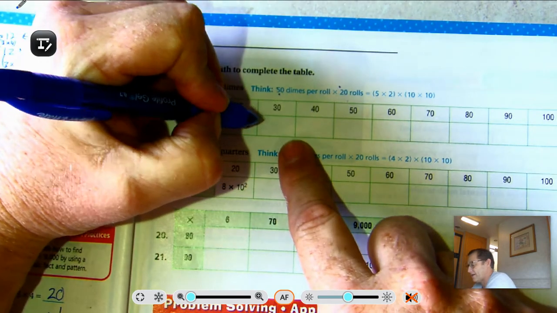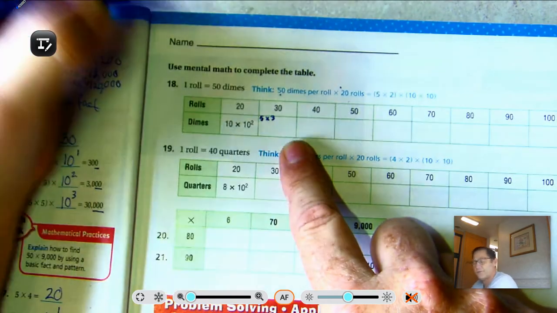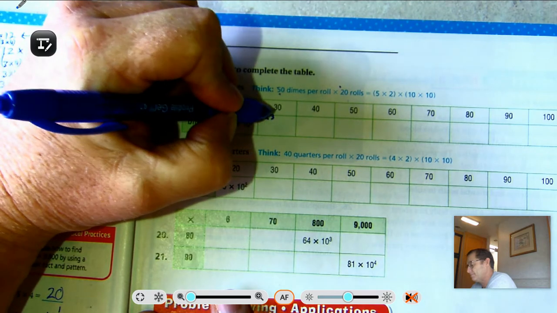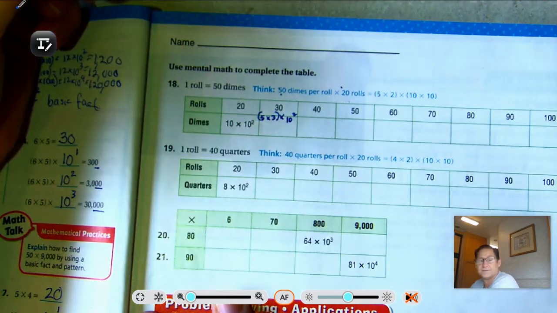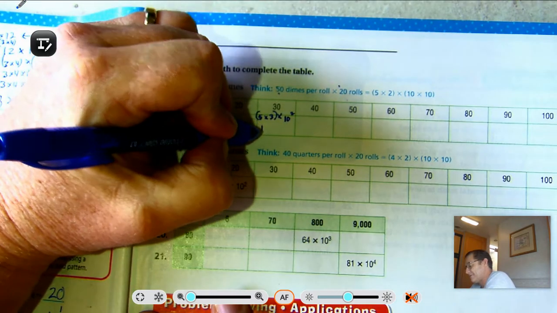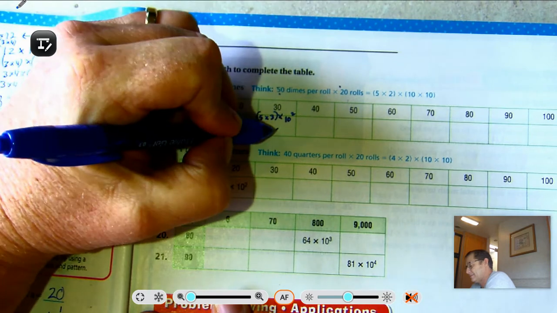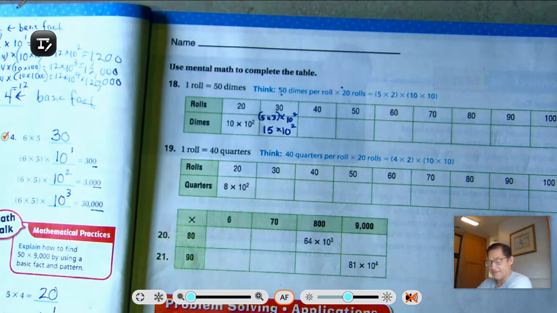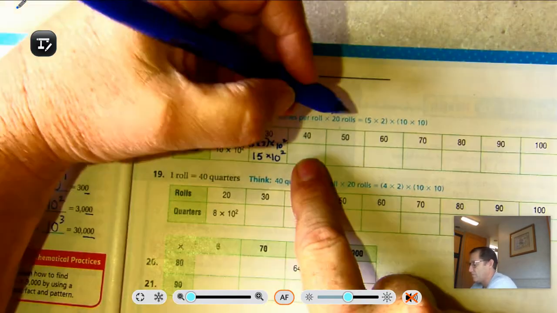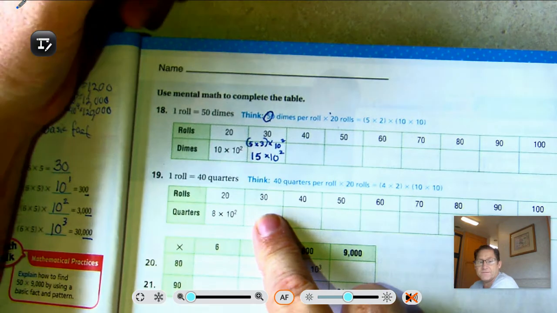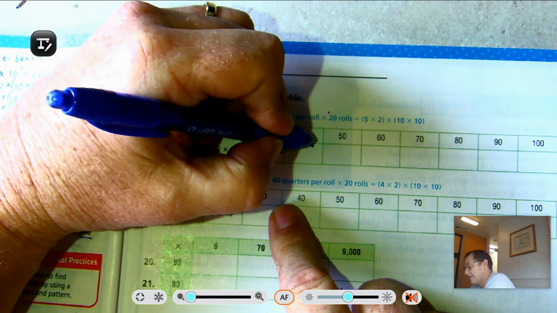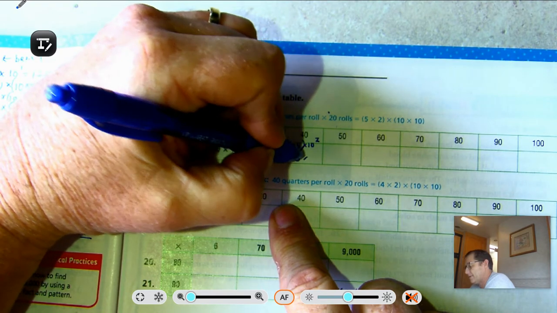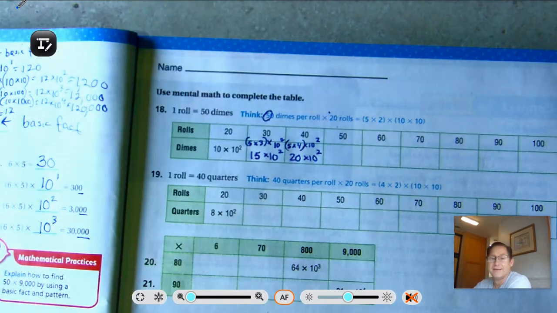So our basic math fact would be 5 times 3 in this problem times 10 squared. So it would be 15 times 10 squared. And this next one, we'd be multiplying the 5 of the 50 dimes times 4. So 5 times 4 times 10 squared. 5 times 4 would be 20 times the second power of 10.